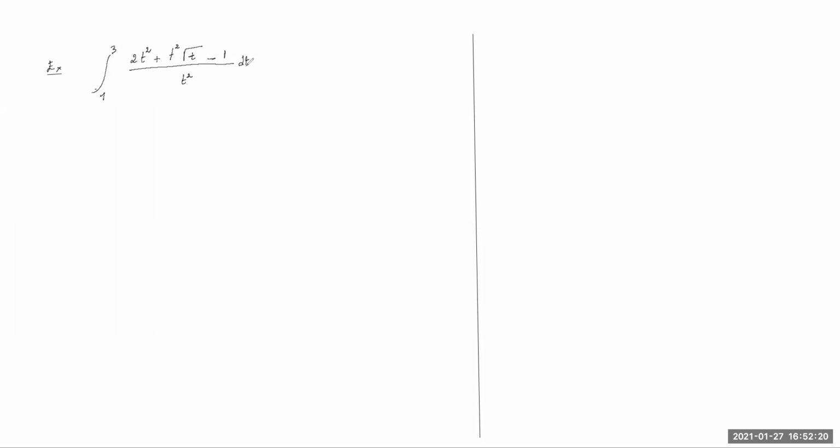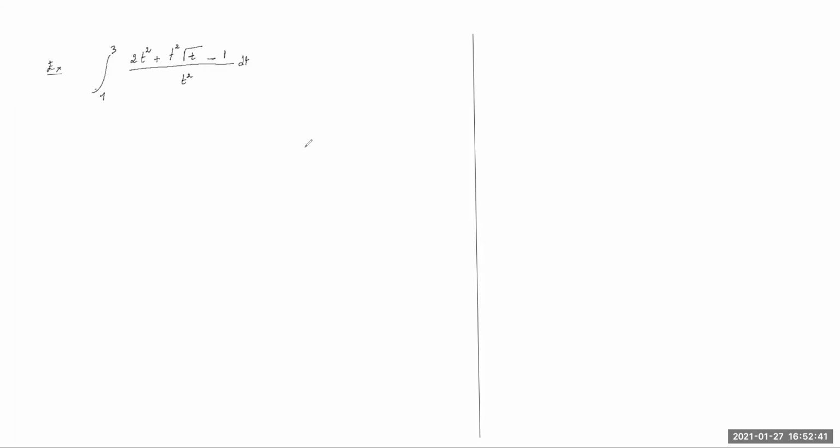You see your function here is well defined. It's not defined at 0, but 0 is not in this interval, which is good. So we know that it has an antiderivative, and this integral is finite.